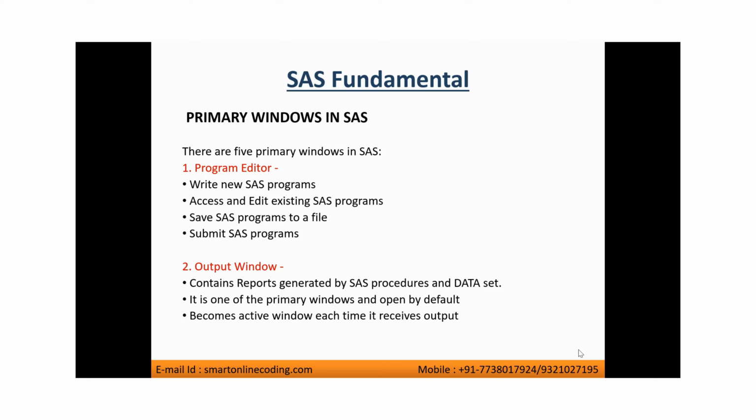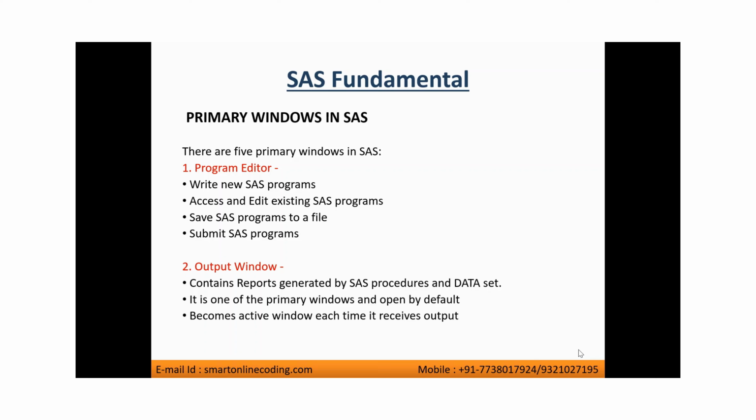Second is the output window. The output window contains majorly the reports generated by the SAS procedures and data sets. It is one of the primary windows open by default itself. It becomes the active window each time it receives output.